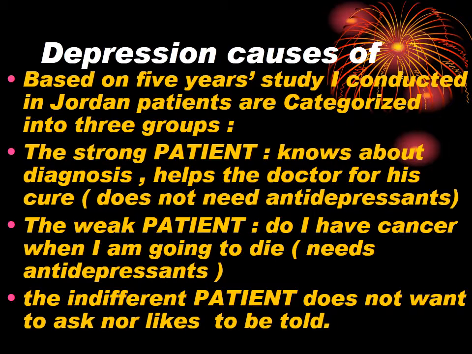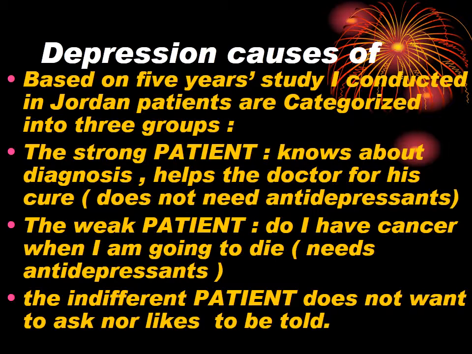The causes of depression, based on a 5-year study I conducted in Jordanian patients, are categorized into 3 groups. First group, the strong patient knows about the diagnosis, helps the doctor for his cure, and does not need antidepressants.